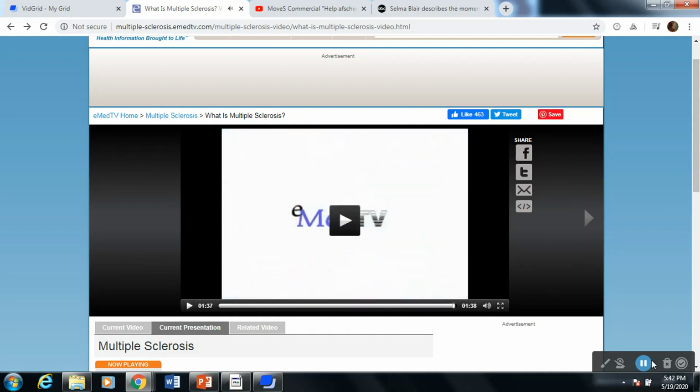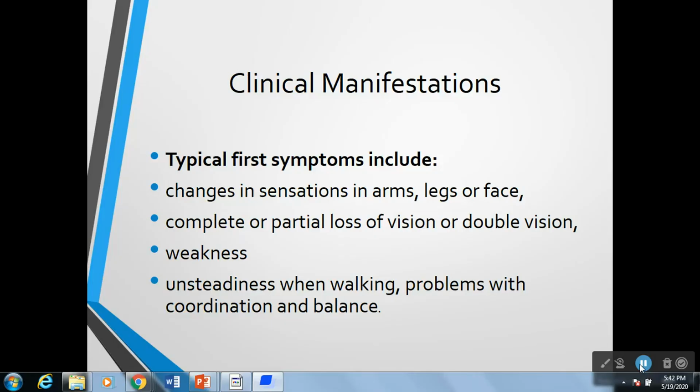The clinical manifestations. Typically, the very first symptoms would include changes in sensations in the arms, the legs, and the face. They may have complete or partial loss of vision or double vision, weakness again in the arms and legs, or just generalized weakness, unsteadiness when walking, problems with coordination and balance.